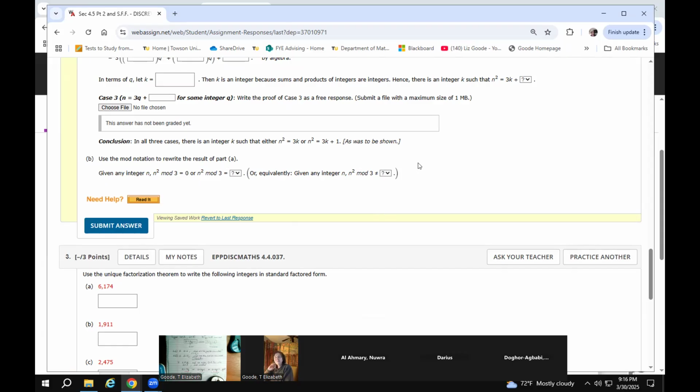Really quickly, I did case 3. I wrote it out, and I must have done something wrong. In the algebra that I did, the answer that I got, do you mind if I tell you what I got? For case 3, you should get 3k plus 1. Is that what you got? I got 3k plus 2. Oh, let's take a look at it.